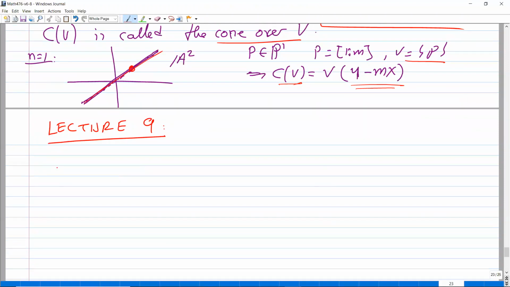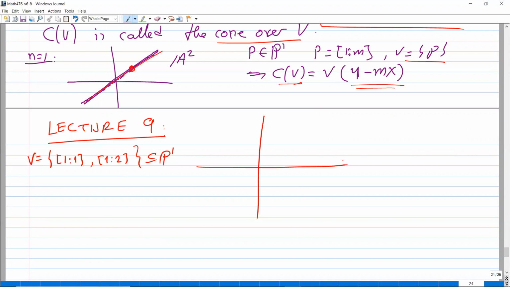So in the same way, let's consider this set V as (1, 1), for example, and (1, 2), for instance. These two points. So this is an algebraic set in Pn, P1, sorry, in P1. So this corresponds to two points, (1, 1), (1, 2).